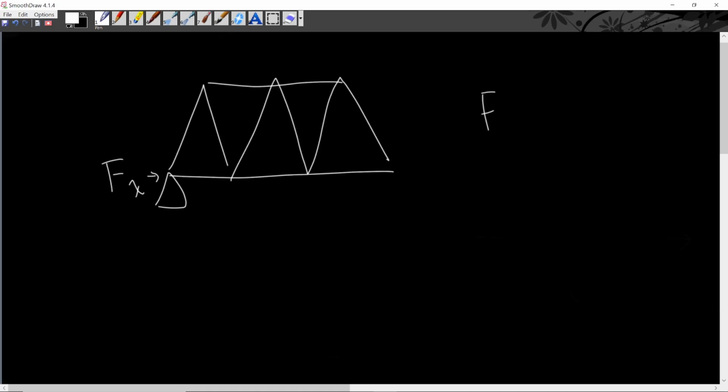This has to be stationary, so trusses can't move. So the forces acting horizontally must cancel out with one another so that the truss doesn't actually move.